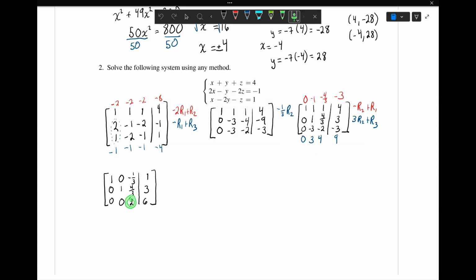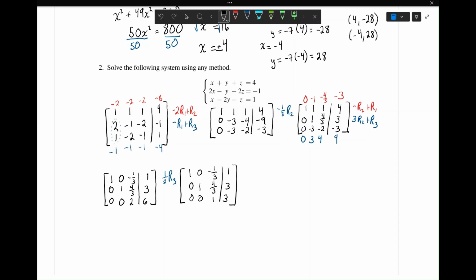I'm going to force that to 1. And so I'm going to do 1/2 row 3. And that turns into only the bottom row changing, so I'm just going to recreate the other 2 rows. So on the bottom, I get 0, 0, 1, 3.